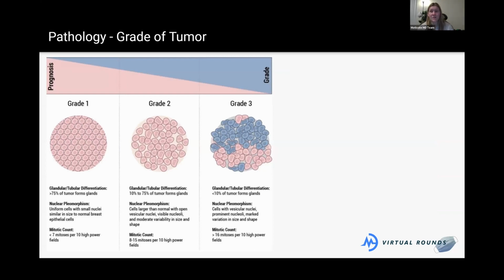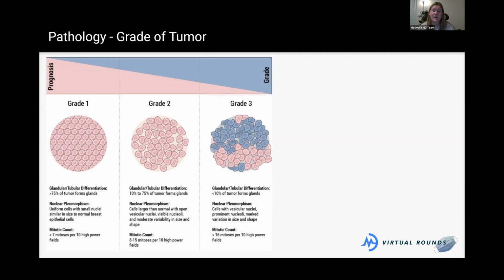On a colon polyp, you might still see those preserved glands and cells that look like the glandular cells they're supposed to look like. The cells will be uniform, they're not going to look super pleomorphic, and there's going to be a low mitotic count. So that would be a grade 1. It's the best prognosis, the closest to benign you can get while still being a neoplasm.